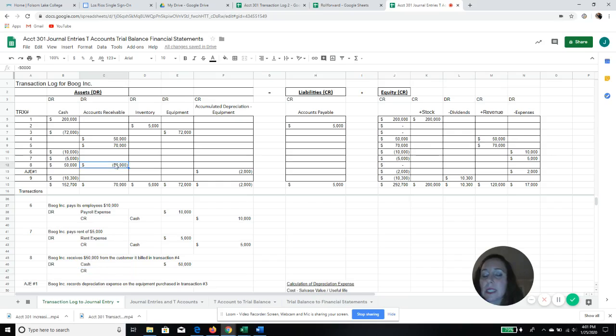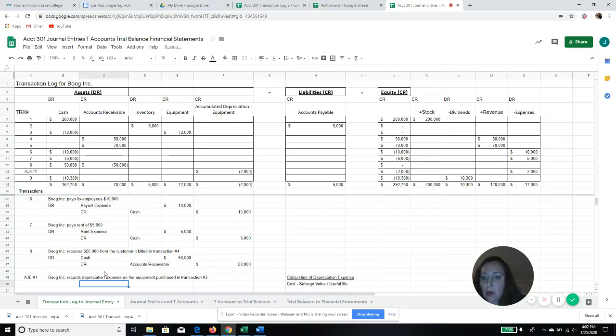We decreased accounts receivable, the promise to pay. The customer doesn't owe us money anymore, so we decrease accounts receivable. Accounts receivable is an asset, so we decrease an asset with a credit.